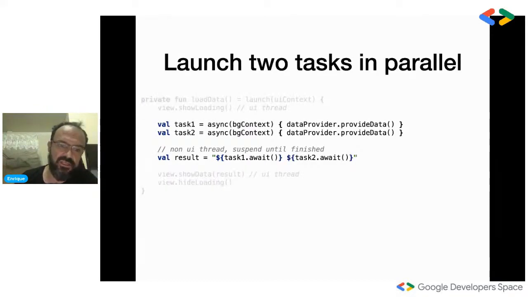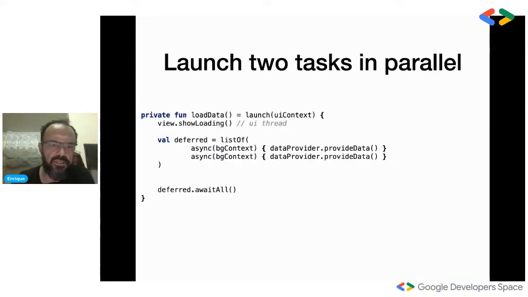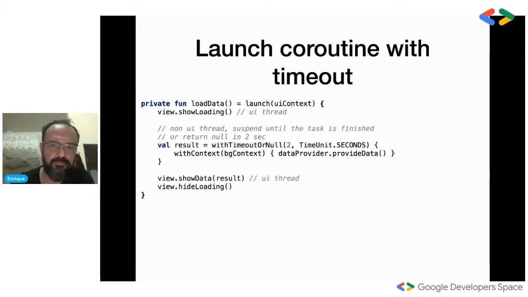In this case, see that we are calling the await function, and we make two coroutines start at the same time. Kotlin is very idiomatic, and we have a lot of ways of doing things that are very comfortable for the developer. So in this case, we could create a list of async functions, and then with awaitAll, we will start all of them in parallel.